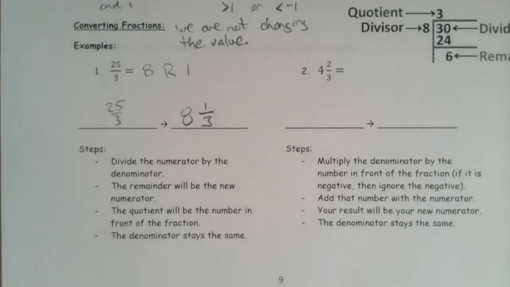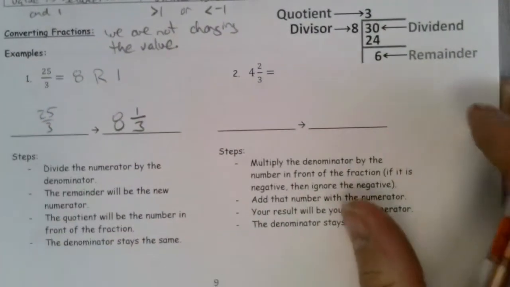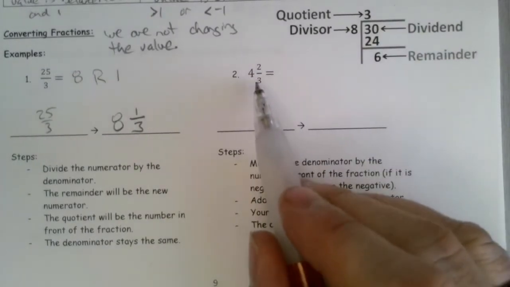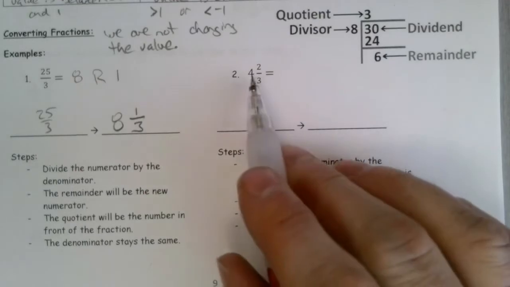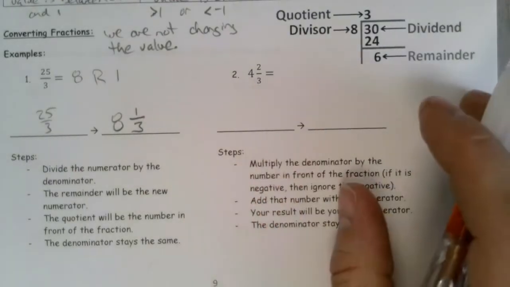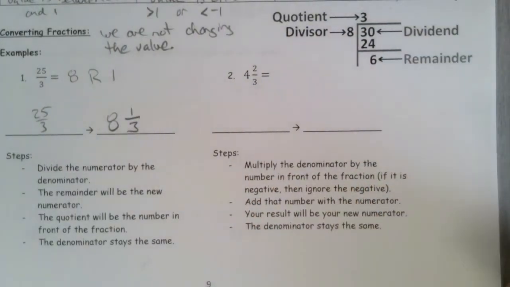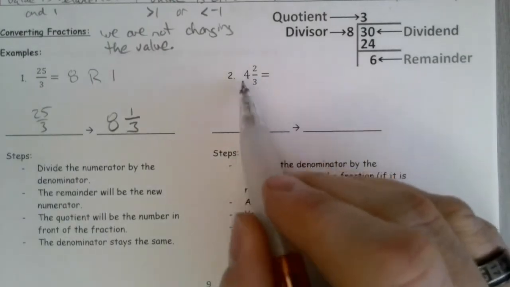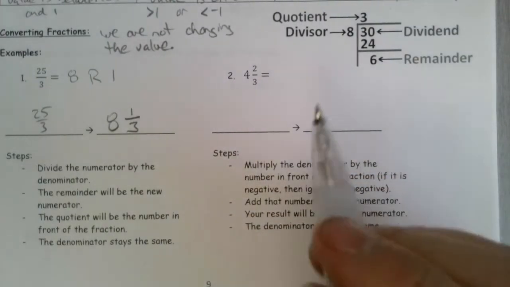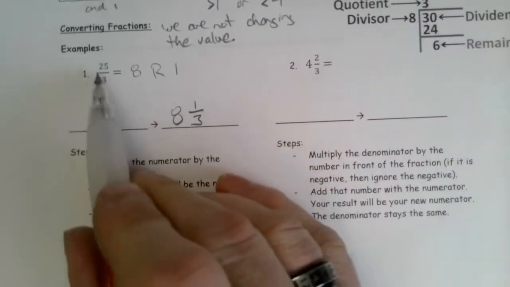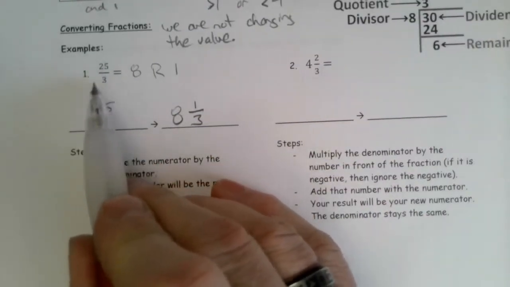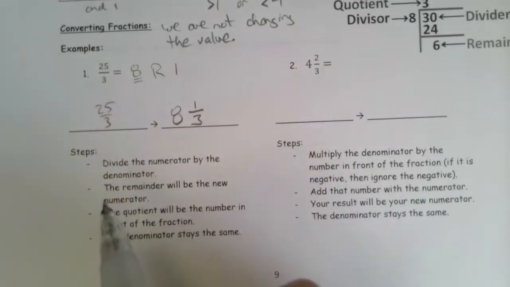Now, to go the other way, if we wanted to convert from a mixed fraction to an improper fraction, that's typically how this works. This really won't get converted into a proper fraction. Proper fraction is too small for this. There are no whole values there. We've got to go the other way here. Just like over here, I divided 25 by 3 to get the 8, the quotient, I'm going to multiply to go backwards.